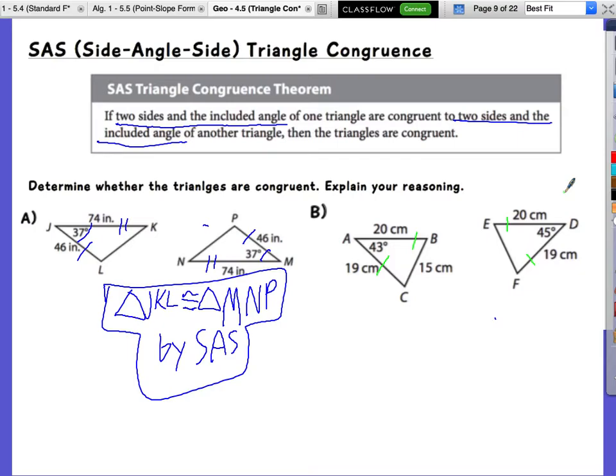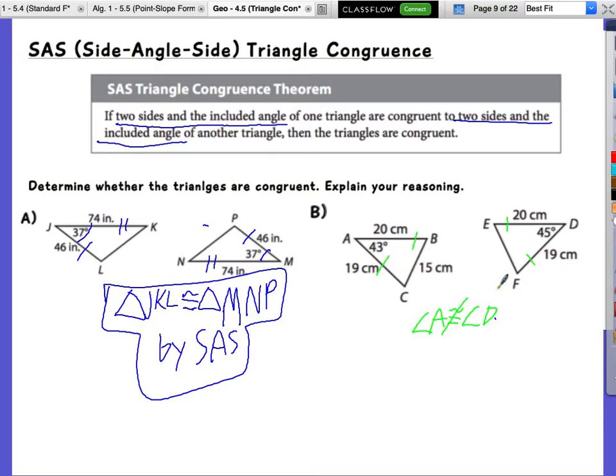Okay, why do you say those triangles are not congruent, Eric? Okay, so Eric's saying, hey, we need the included angle. The included angle for this left triangle would be A. The included angle for the right triangle would be D. We need those to be congruent as well, but they're not.